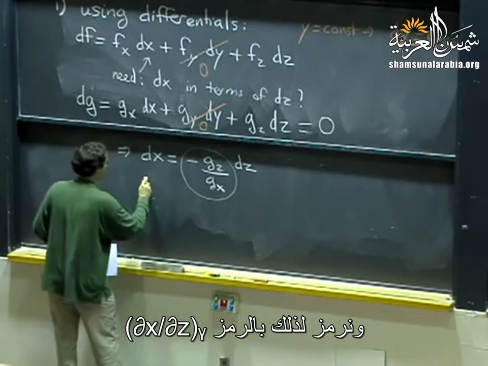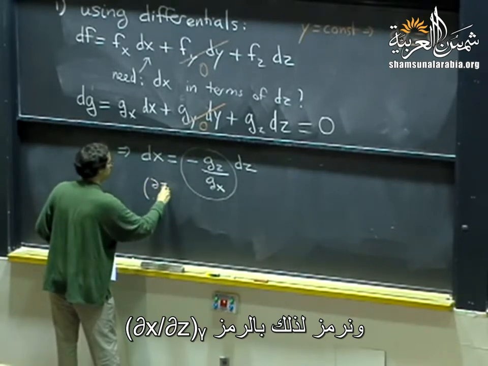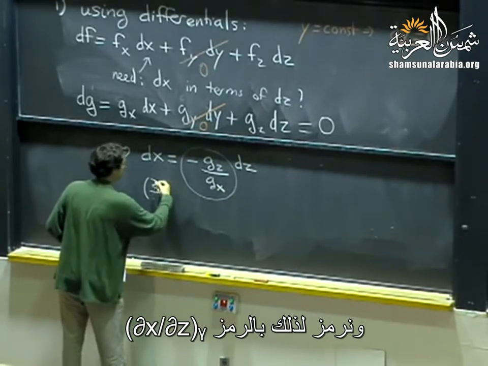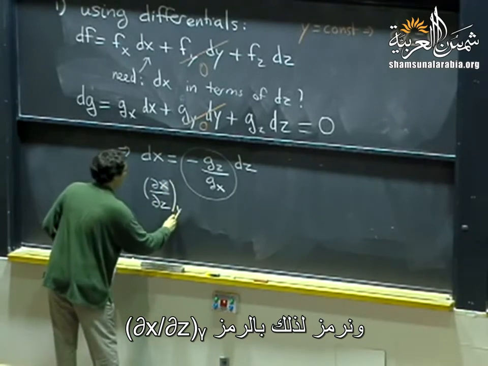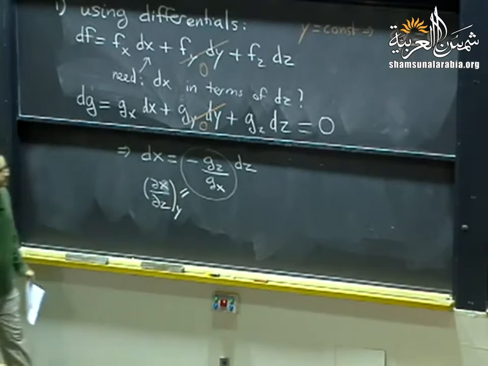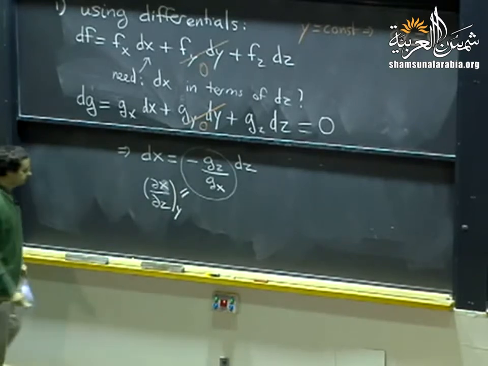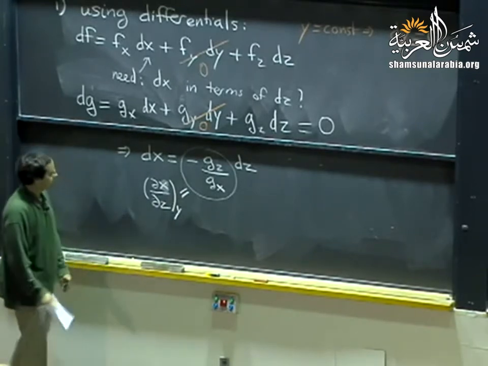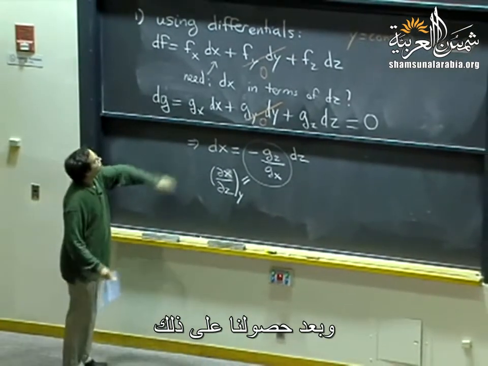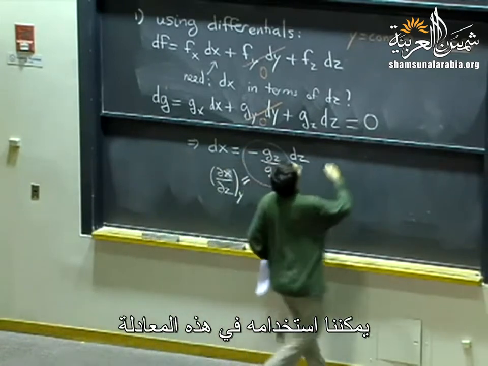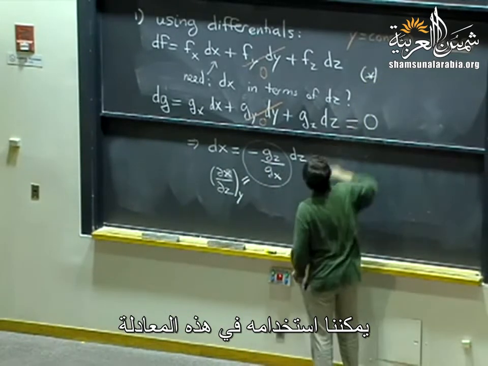In our terminology, this is partial x over partial z with y held constant. Okay, this is the rate of change of x with respect to z. So now when we know that, we are going to plug that into this equation.